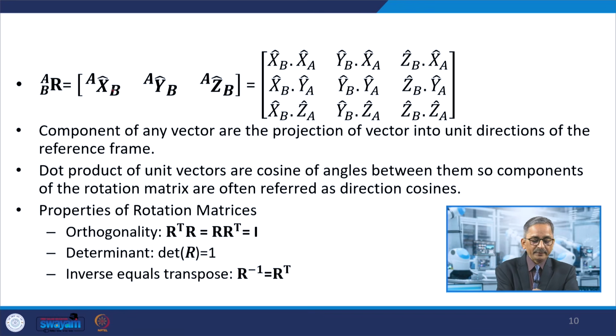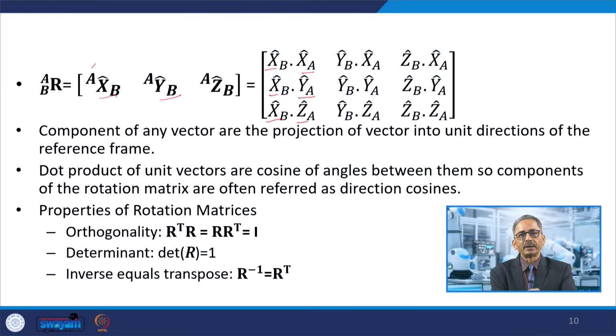So, here xb representation with respect to frame A means I am going to take the xb projection in the direction xa, the xb projection in the direction ya, and the xb projection in the direction za.